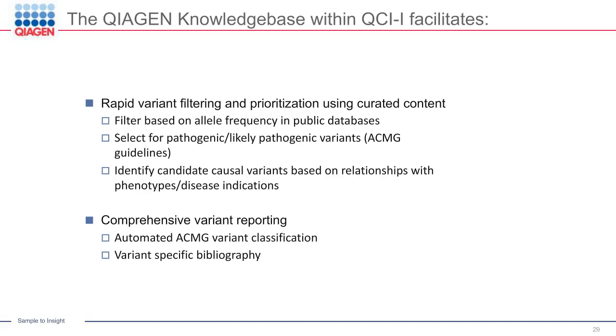And then beyond that, the other piece is the comprehensive variant reporting, because we do have our automated ACMG variant classification done for you. We also offer the flexibility of it, so you can actually add new rationale and add different pieces of information to change the assessment, as well as our variant-specific bibliography.